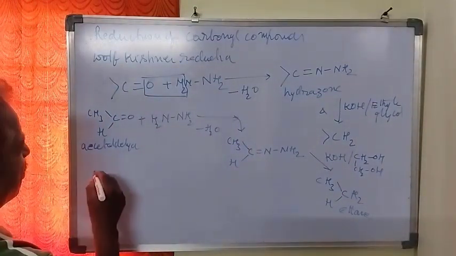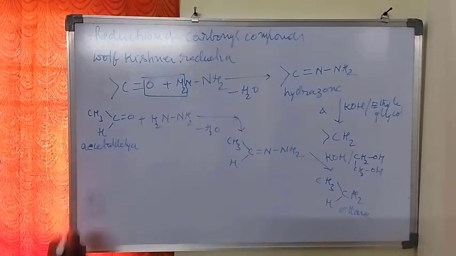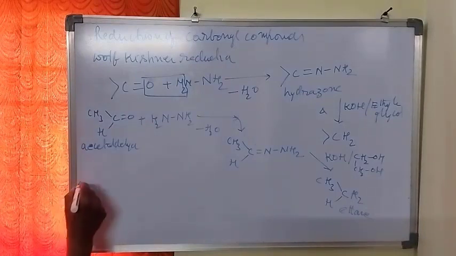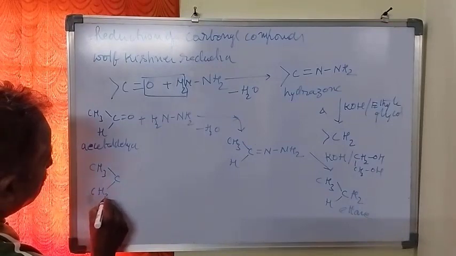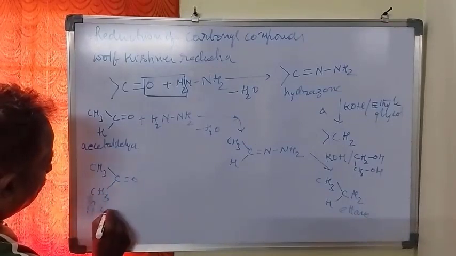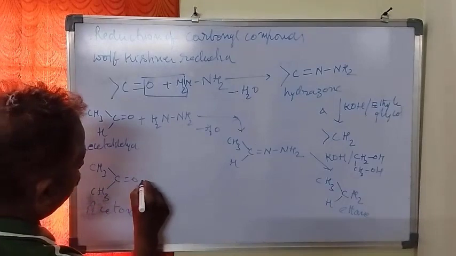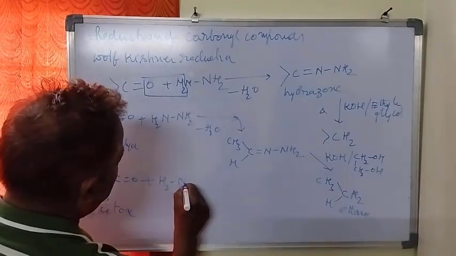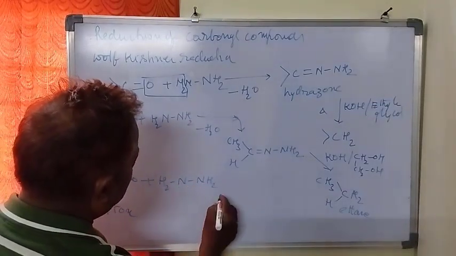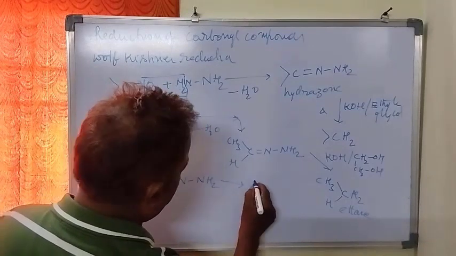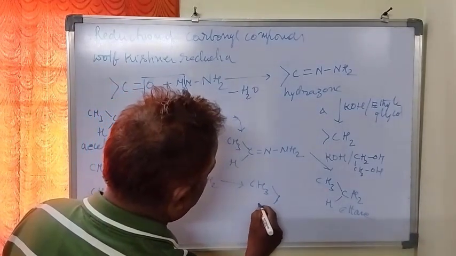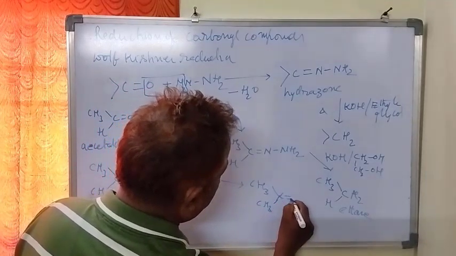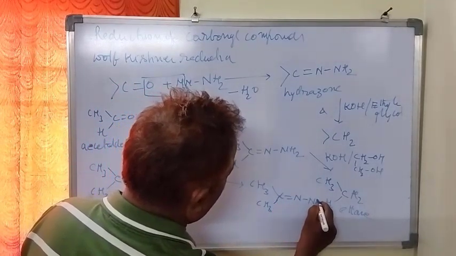Let us take one more example with ketone. Here we took aldehyde, now we take ketone. So this is CH3 C O CH3. What is this substance? Acetone, plus hydrazine. Therefore what do we get? Acetone hydrazone, CH3 C double bond N NH2.